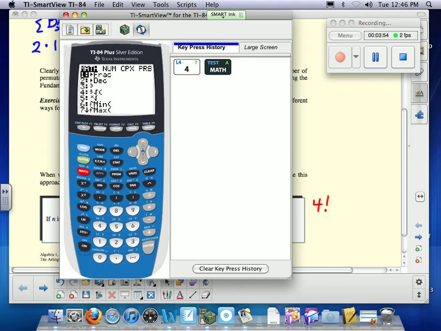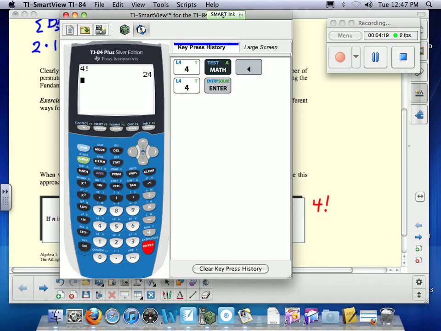Brandon, what do you think? PRB. Correct. We're going to go over to PRB, and then look, there it is. Choice number 4. The buttons I pushed are right over there. And when you push enter, it does the 4 times 3 times 2 times 1 for you.